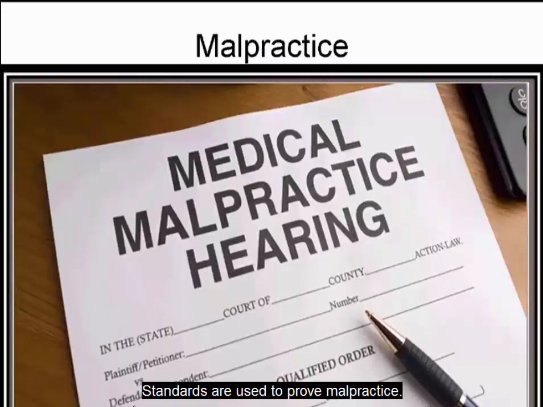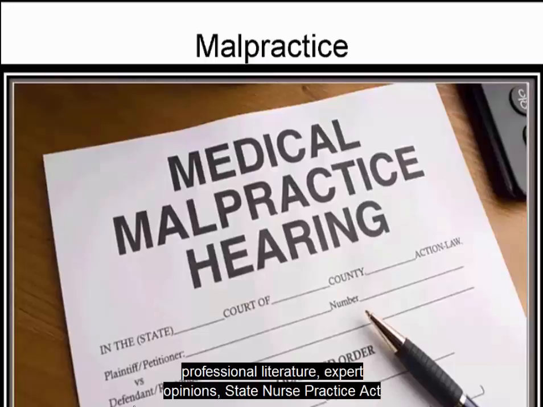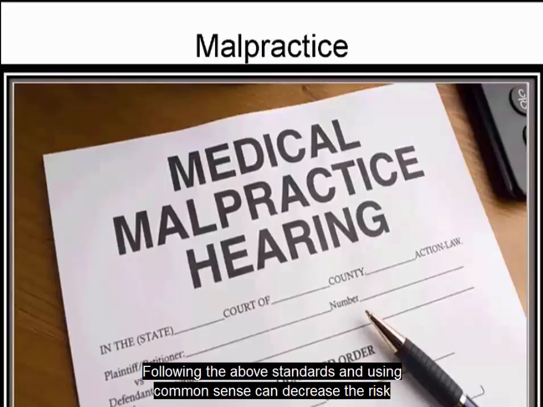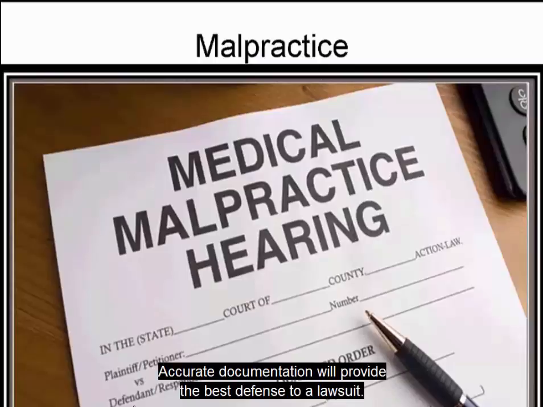Standards are used to prove malpractice, like facility policies and procedures, protocols, job descriptions, professional literature, expert opinions, State Nurse Practice Act, and the reasonable person standard. Following the above standards and using common sense can decrease the risk of a malpractice lawsuit. Accurate documentation will provide the best defense to a lawsuit.